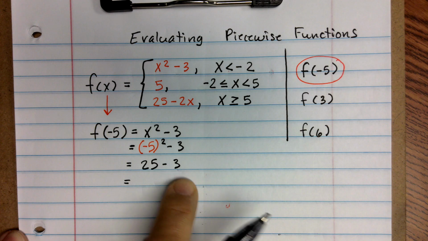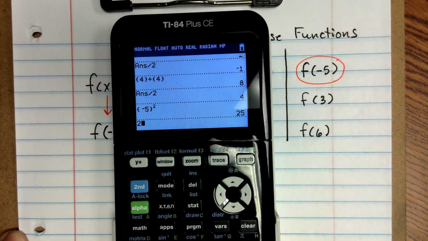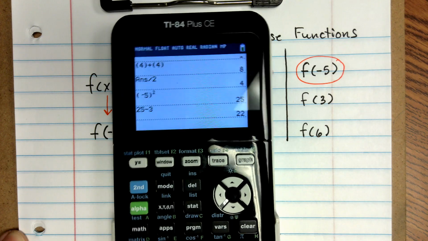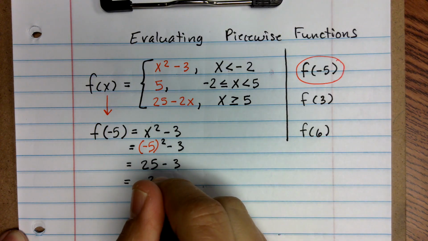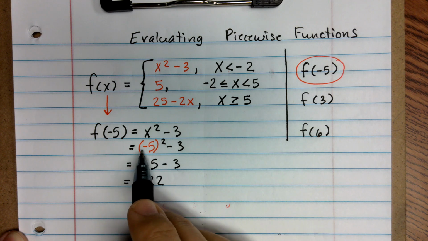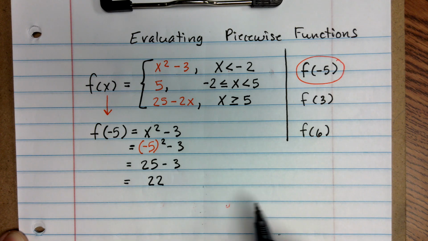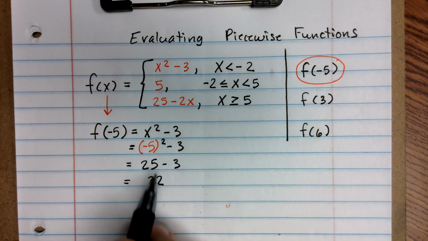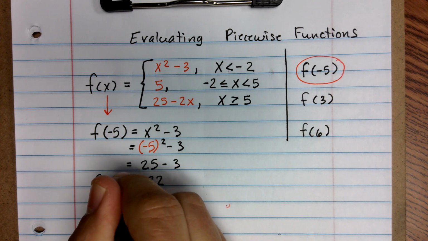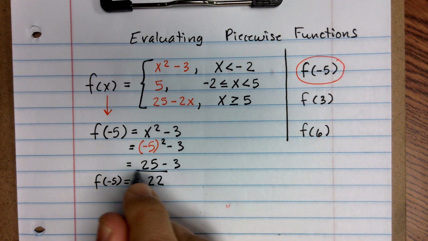And if I then subtract 3 from 25, it gives me 22. Now I could have put this whole thing in the calculator all at the same time, -5 squared minus 3 in parentheses, but I'm just doing this to show you the steps if you were to do it by hand and wanted to do each step. So what I have here is f of -5 is actually equal to 22.